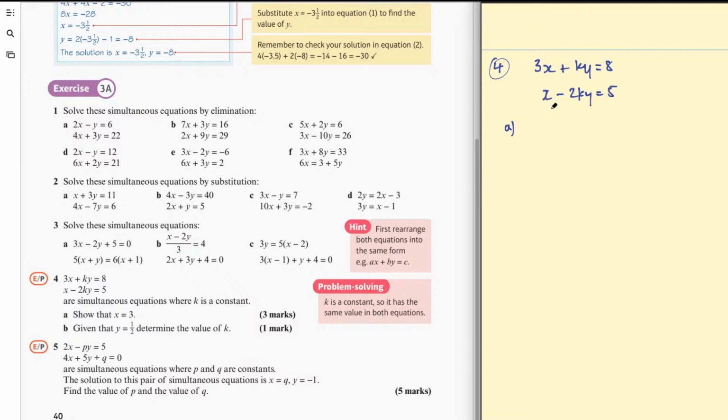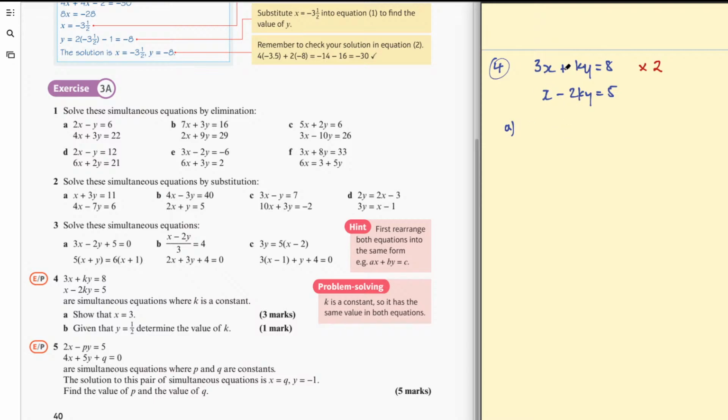We could either use substitution or elimination. I might use elimination because if I multiply this by 2, then I get 2k as the coefficient of y, and then I'll be able to eliminate that unknown.